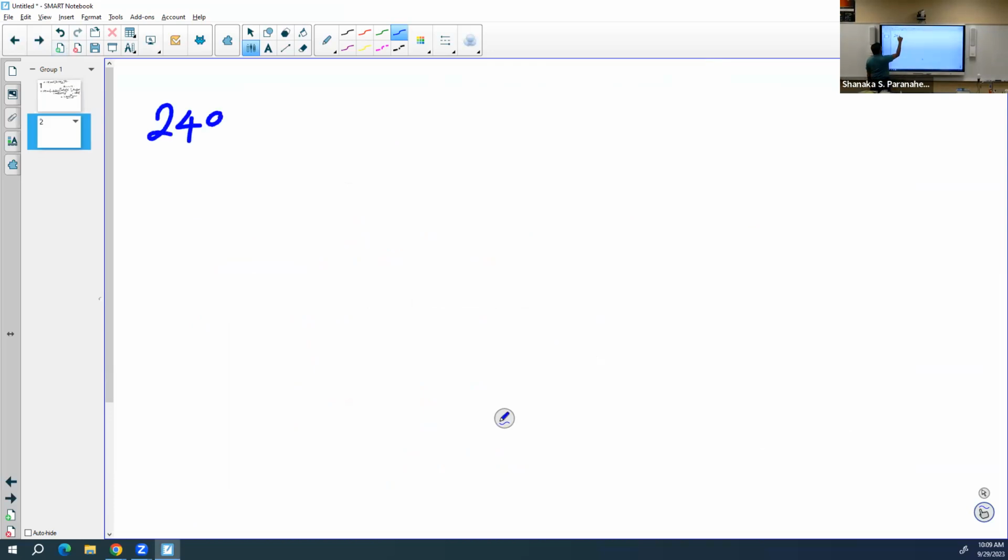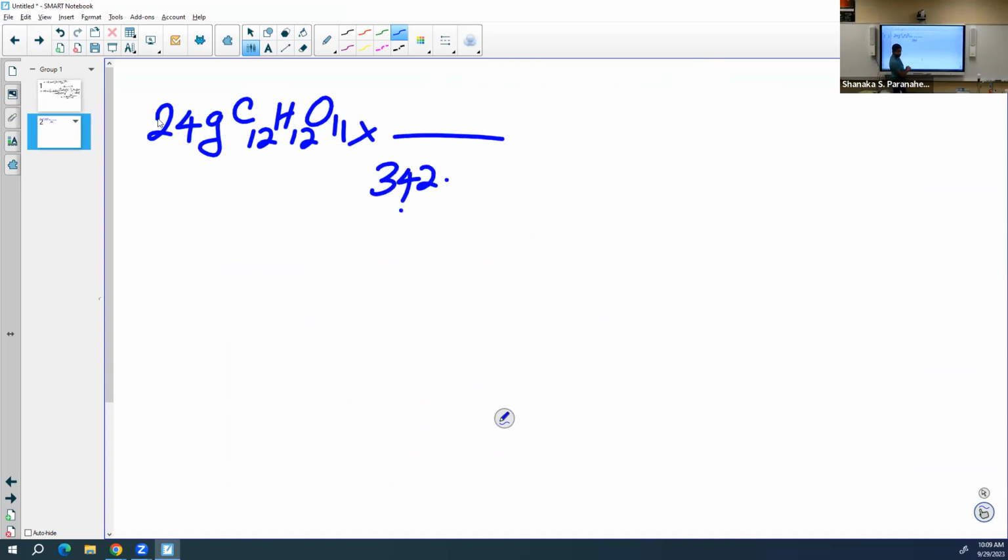24 grams of sucrose, C12H22O11, divided by the molar mass, so it's 342 point... what is it? Grams of C12H22O11 into 1 mole of the same compound.